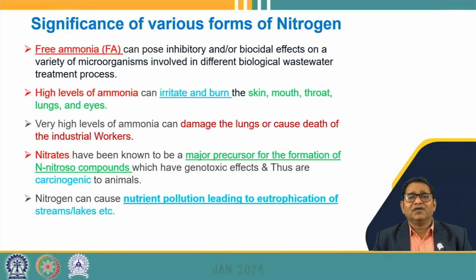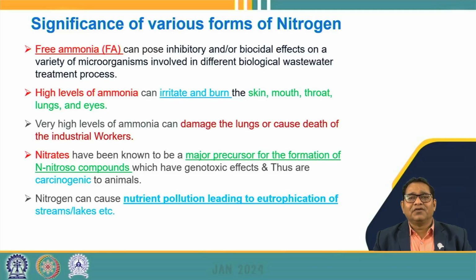If free ammonia is present in the wastewater, it will inhibit their activities, and that leads to the failure of that treatment process. High levels of ammonia can also irritate and burn the skin, mouth, throat, lungs, and our eyes. Very high levels of ammonia can damage the lungs and cause death of industrial workers.